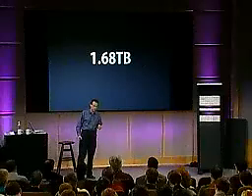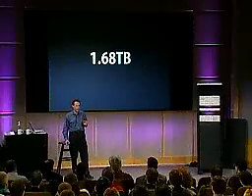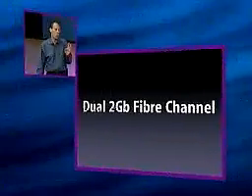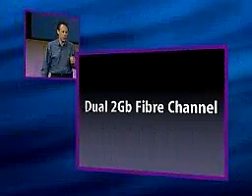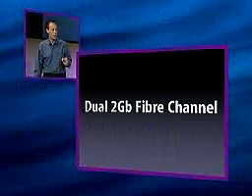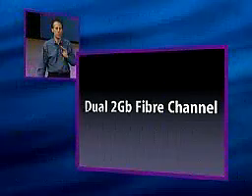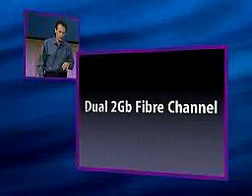And that's massive. But to get that storage to the server, we had to choose a high-speed interconnect. And we chose what we think is the best, which is 2 gigabit fiber channel. But we went one step further, and we put dual 2 gigabit fiber channel on the system. That gives us 400 megabytes a second of storage throughput. I mean, that's just incredible, and that is the latest and the greatest fiber channel out there.